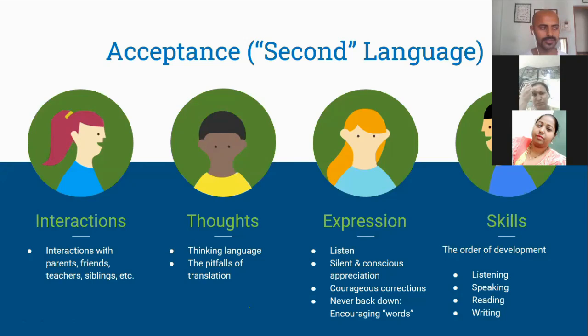So it requires a lot of introspection. Writing can happen only after you have that kind of philosophical and social and maybe even spiritual development ready with the child. So that is the natural order of language development.